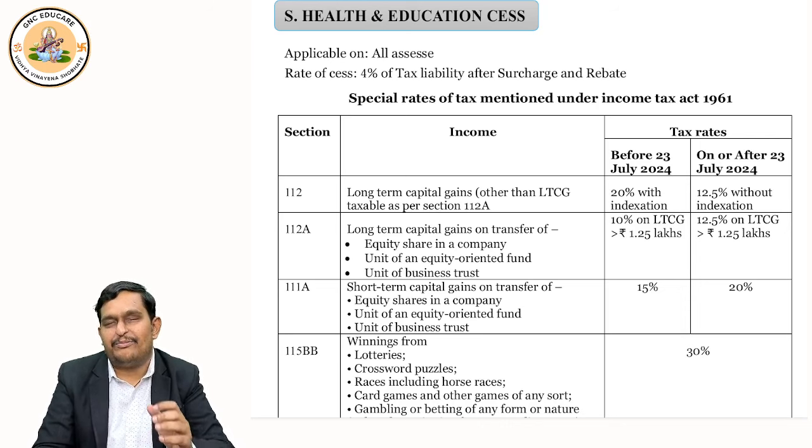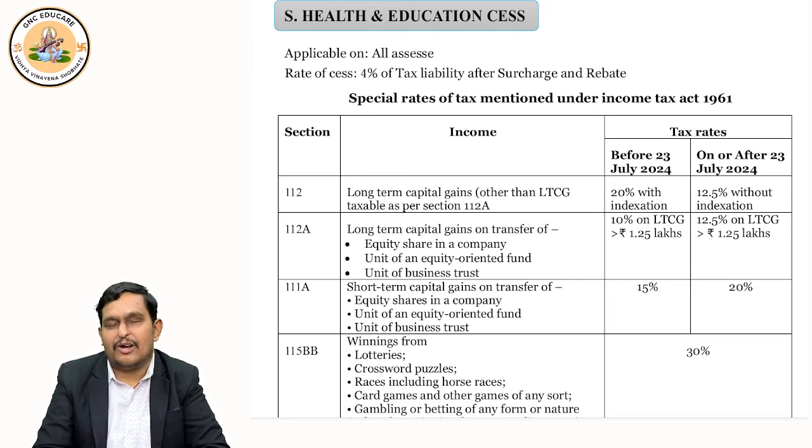And you should sell after keeping it for a long period. Long period means roughly 2 years. So at least 2 years you should keep and then sell. If you do like that, then before, 20% rate was applicable. Now, on or after 23rd July, 12.5% rate of tax will apply. So that means the government reduced the tax rate.